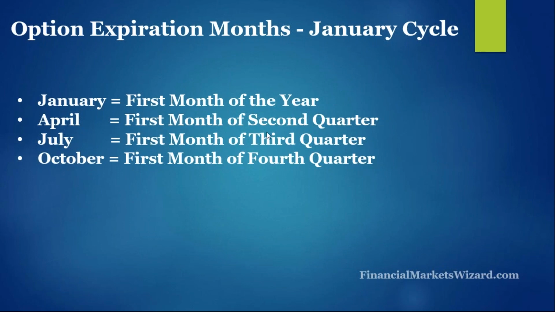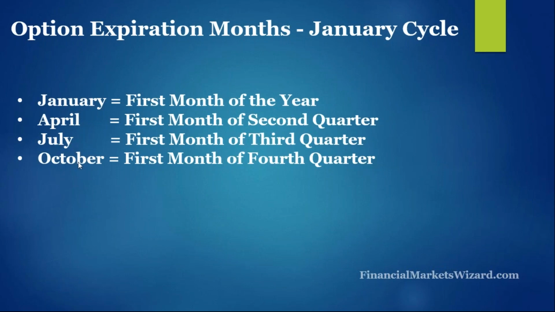The first month of the second quarter is April, the first month of the third quarter is July, and the first month of the fourth quarter is October. So for the January cycle, these are the 4 months the option will be assigned: January, April, July, October.